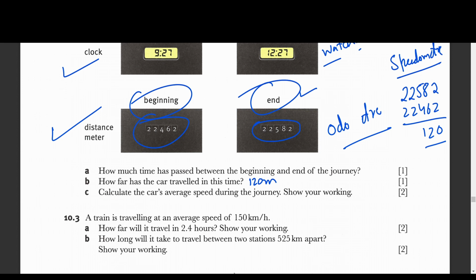So average speed would simply be equivalent to distance upon time. So distance is 120 meters and time is 3 hours. 3, 4 is 12. So 40 meter per hour. The car has traveled 40 meter in 1 hour.